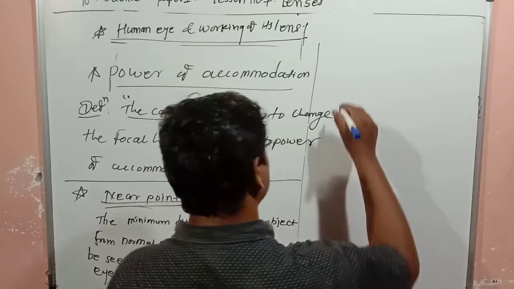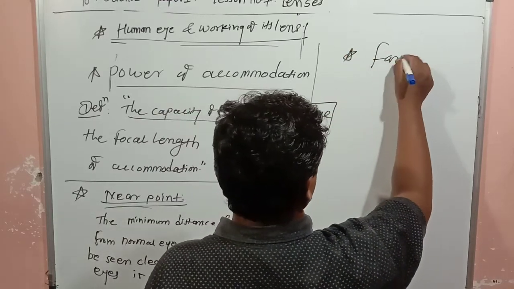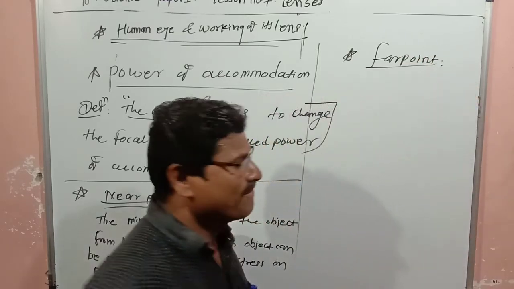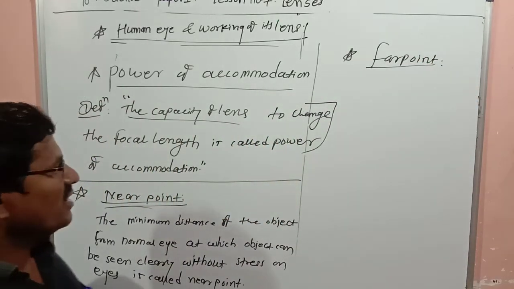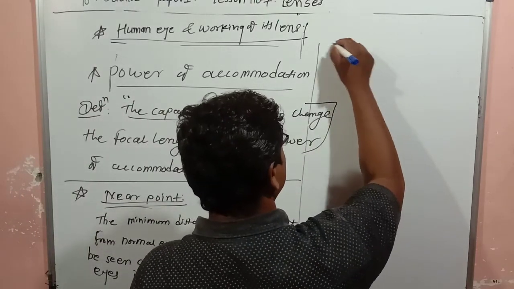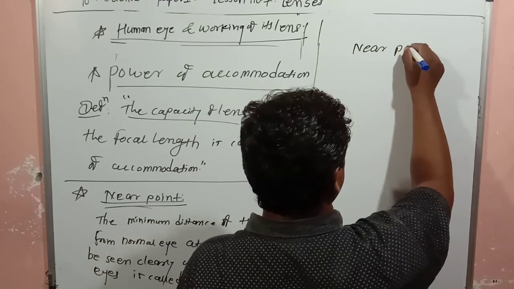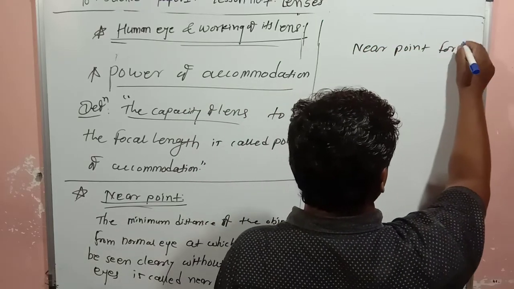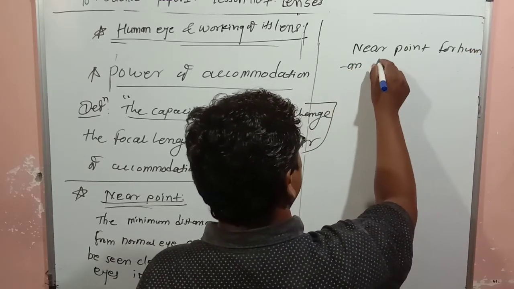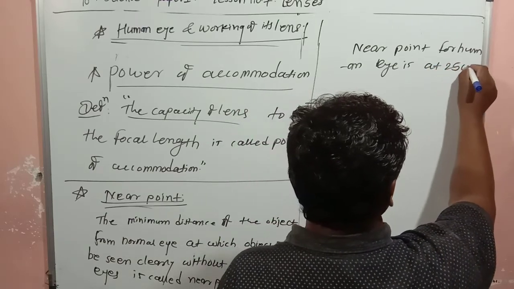The next point is the far point. But one thing remains here, the near point for the human eye is at 25 centimeters.